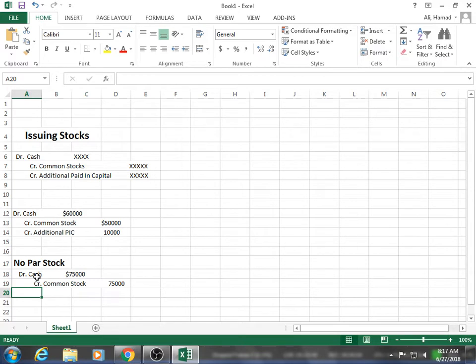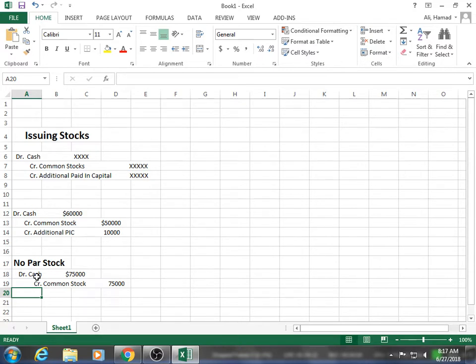Now, if we issue no par stock with a stated value, assume the same facts as were provided previously, except that the corporation put a $10 stated value. It has a stated value of $10, but it was issued for $15.